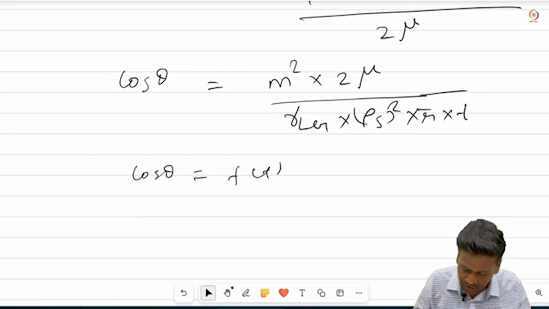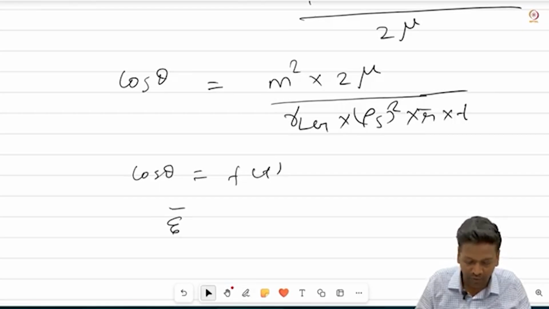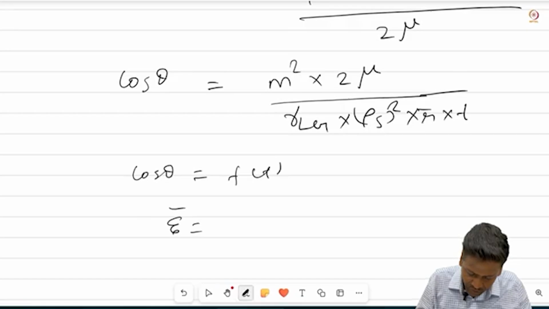One step further, it is very useful for us to keep the porosity in the equation, so that if you know the porosity, you can directly measure. Porosity is defined as void volume by total volume, or you can also say, the cross-sectional area, which is nothing but S by projected area.